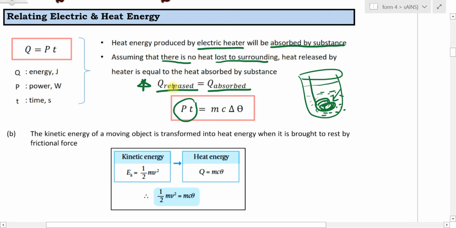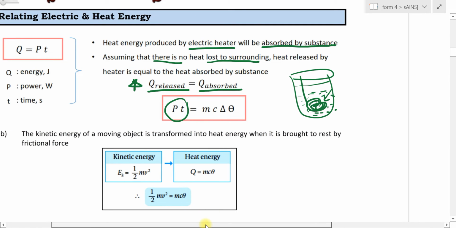Yeah. How does that formula come? How did it become Q? Q, heat supply. I'm not sure. Okay, remember in form 3, we learned right. What did we learn? Power equal to energy over time.